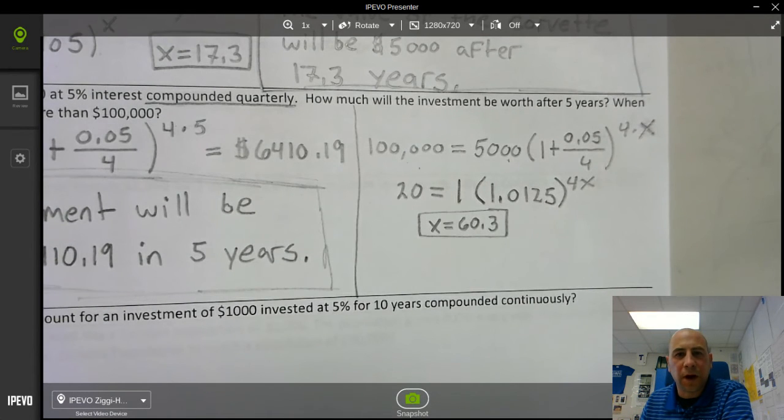Okay, now the question says, when will the investment be more than $100,000? So you again write your conclusion.